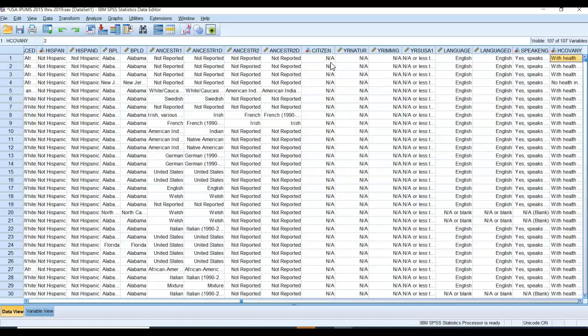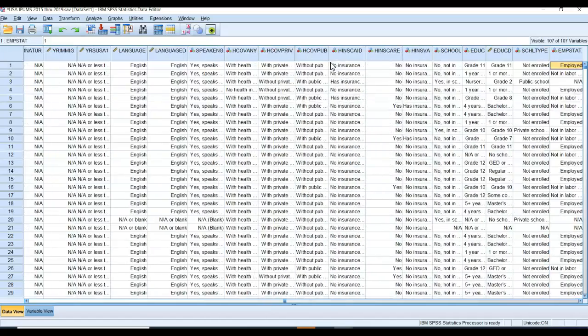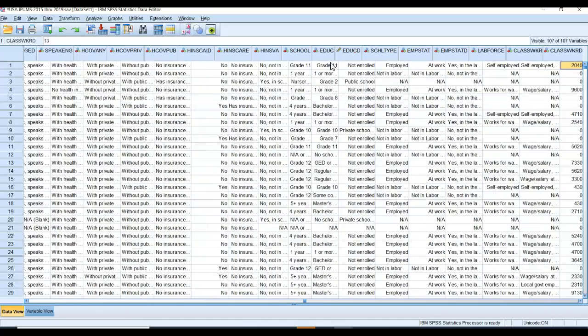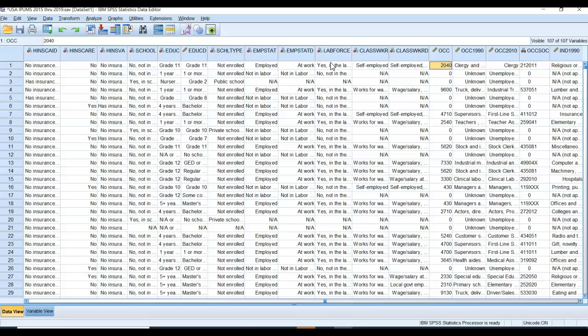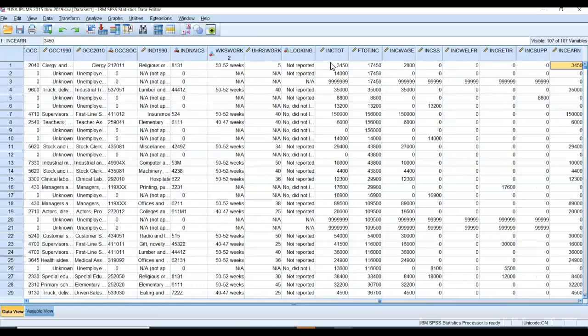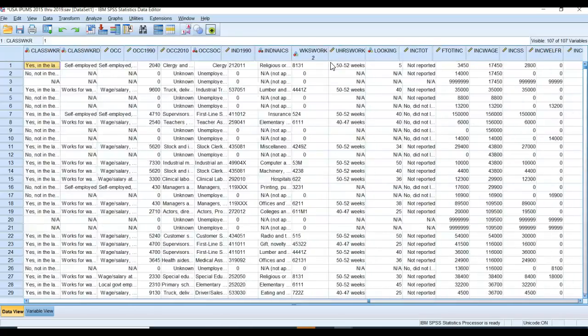No ancestry reported, and they speak English. Yes, speaks English. Education, 11th grade. Not currently enrolled in school. They're self-employed. Their job is clergy, so chances are they're a minister, and that's the information you can have.